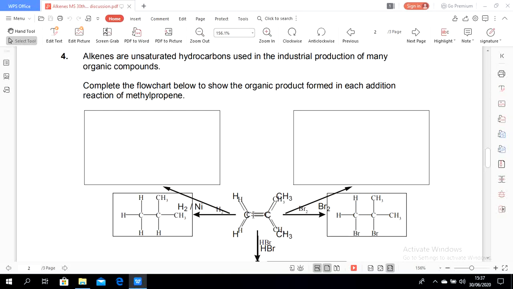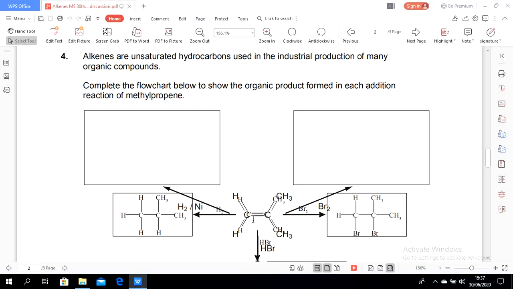Bromine will not undergo the Markovnikov rule. Why? Because there is no hydrogen in Br. So the bromine will occupy both of the empty positions.